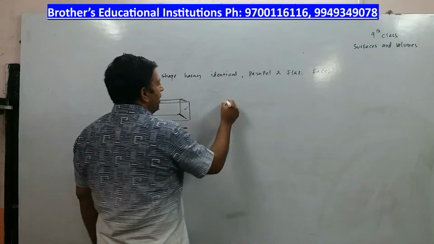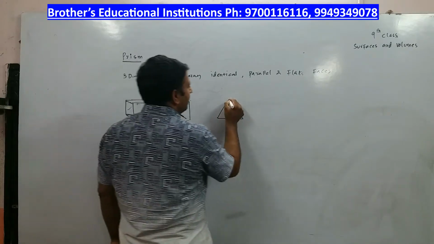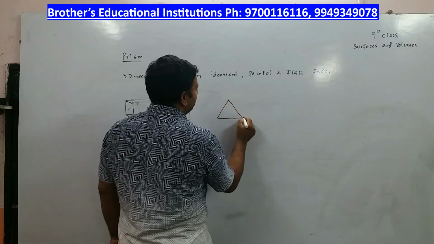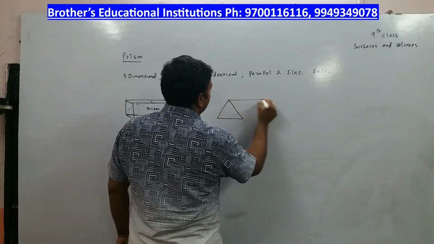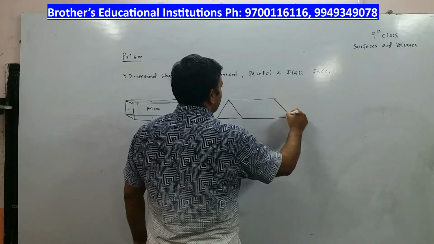Now I can have this type also. I have a triangle here, and then I draw it this way.